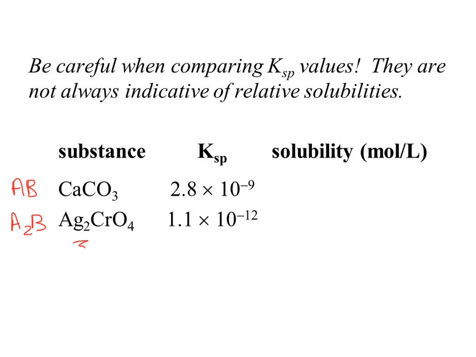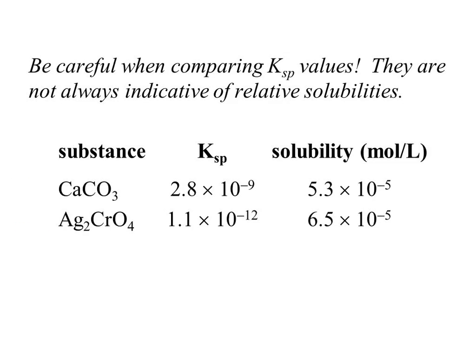Just looking at their Ksps, you would think that something as small as 1.1 times 10 to the negative 12 doesn't favor products much, so the solubility of this second one would be less. But the molar solubility actually is a little bit more.